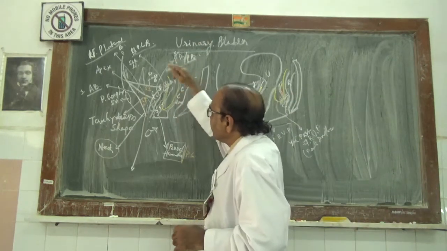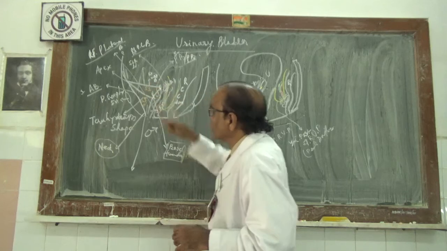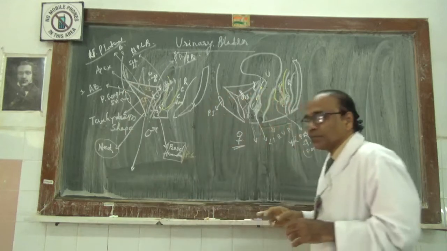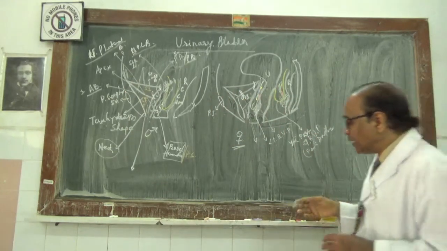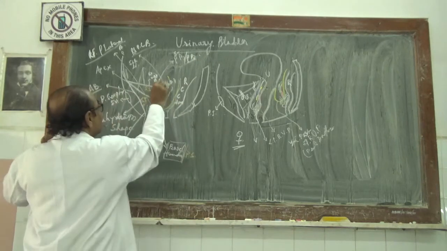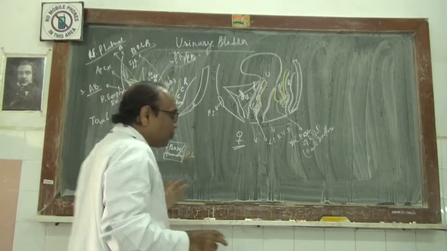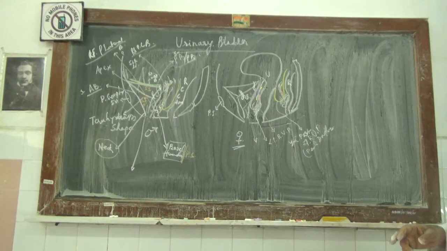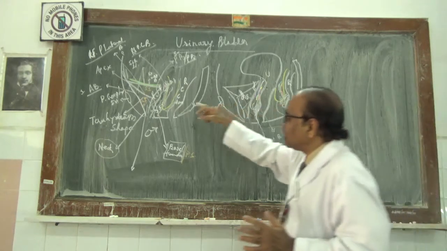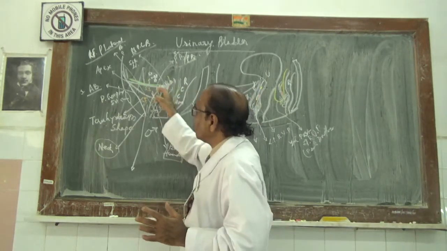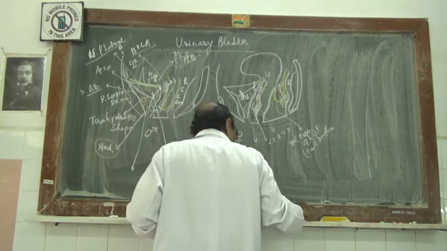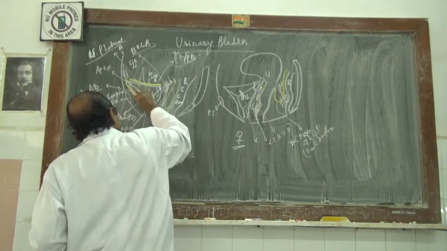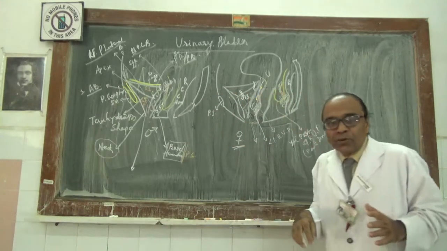Now, what is the relation of the superior surface? The superior surface of the urinary bladder, which is directed upwards, is related to the reflection of the peritoneum, which passes after completion of the retrovesical pouch and runs onto the superior surface of the urinary bladder, and then gives way for dipping once again into the retropubic space.